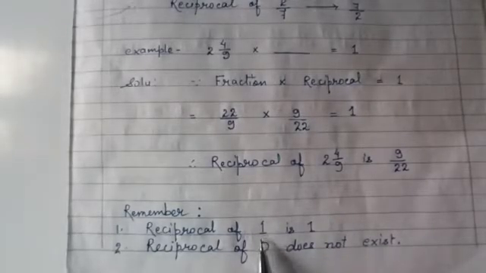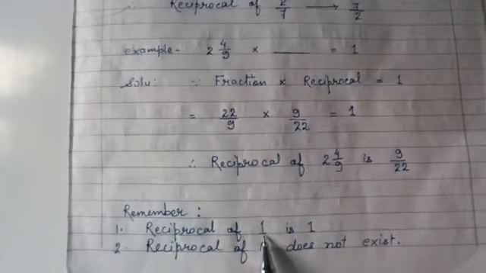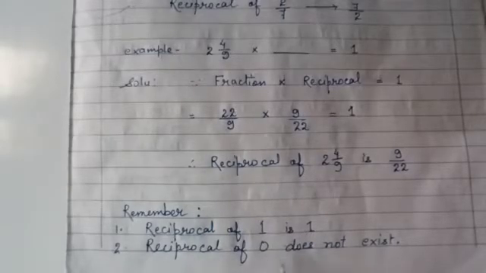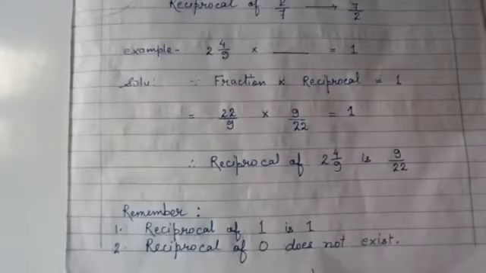Therefore, 1 is the number whose reciprocal is the number itself. So, what is the reciprocal of 1? It is 1 only. And the reciprocal of 0 does not exist. Why? Because we never get 1 when we multiply a number with 0. So these two are very important facts: the reciprocal of 1 is 1 and the reciprocal of 0 does not exist.